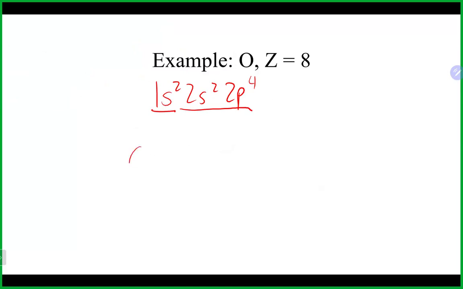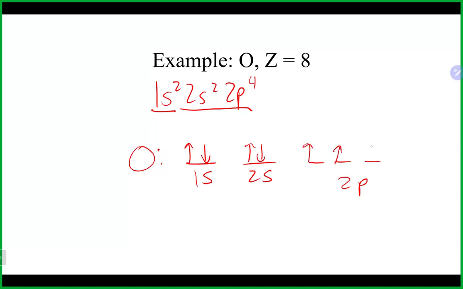Here we would go with our oxygen, 1s, 2s, and our 2p subshell. We're going to go up, down, up, down, up, up, up. At this point, we have no choice, but we do come back to the left, and they do always sort of feel left to right when you're drawing those pictures for the orbital diagrams. Any questions on that one there?